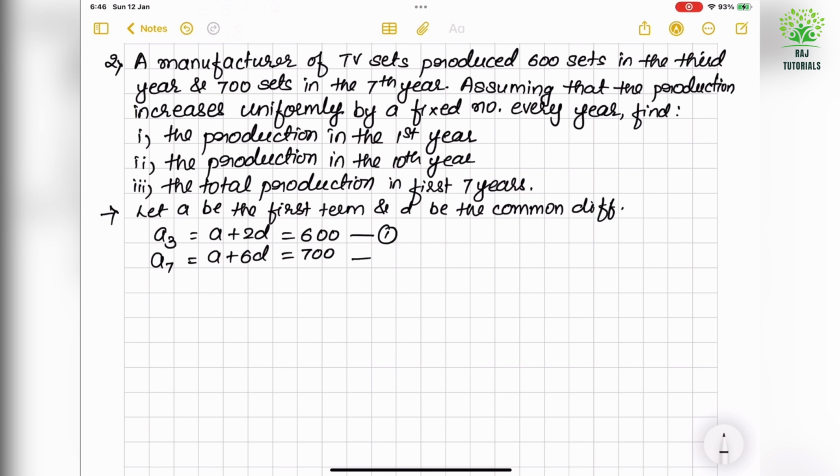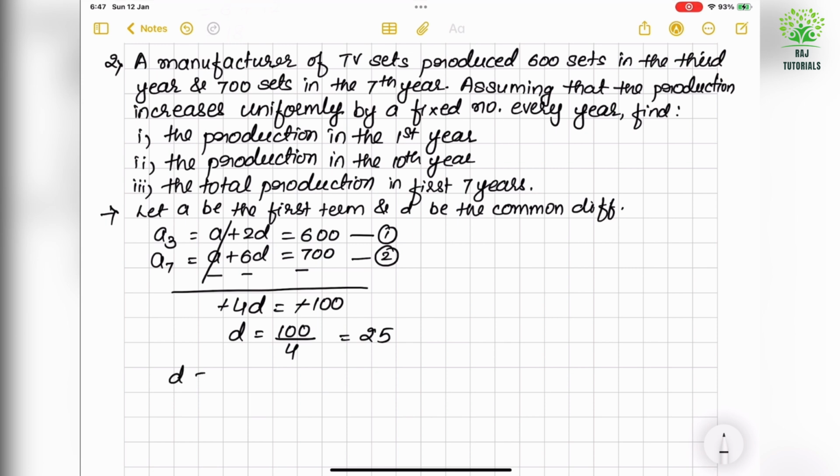So, now solving 1 and 2, if I subtract both the equations, A gets cancelled. So minus 4D equals minus 100. So D will be 100 upon 4. So D is 25.